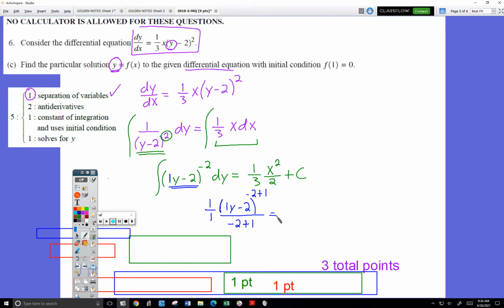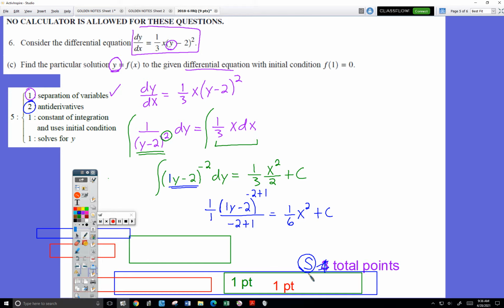And that must equal 1/6 x squared plus a constant. If I find the antiderivatives, they actually gave me 2 points on this one for doing that. That's 2 more points. This is a total of 5 on this problem. But I'm up to 3 so far.